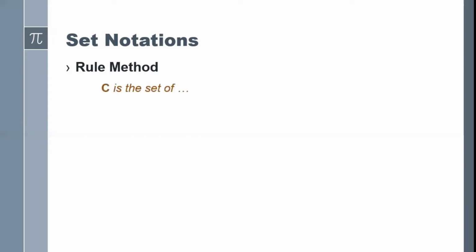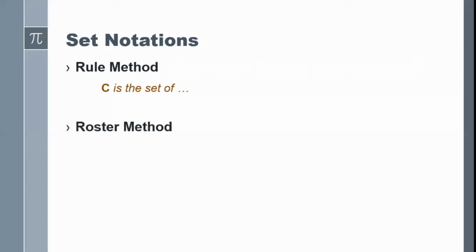The rule method has this pattern: C is the set of blank. C is a set, any set. C is the set of something. It can be: C is the set of the continents of the world. C is the set of the cities in Metro Manila, something like that.